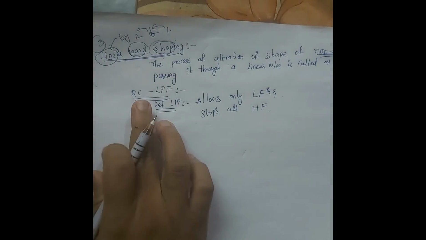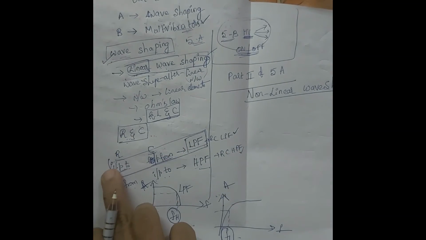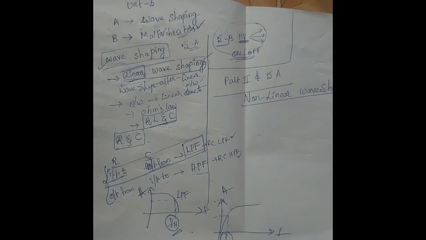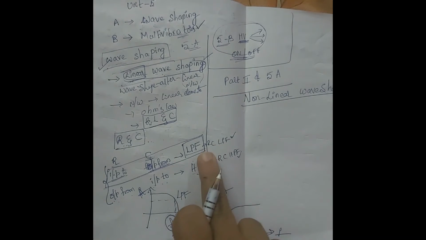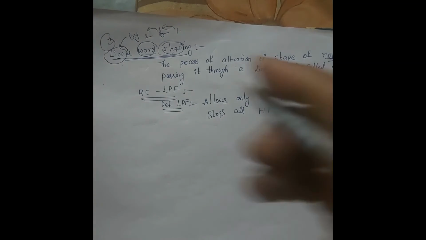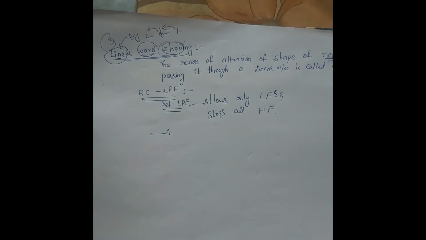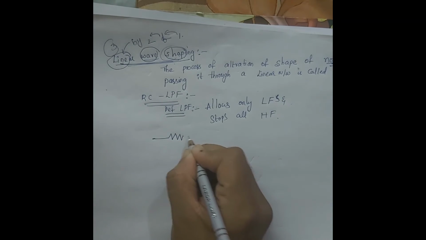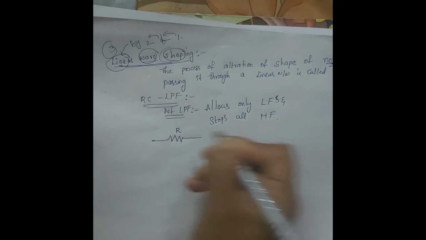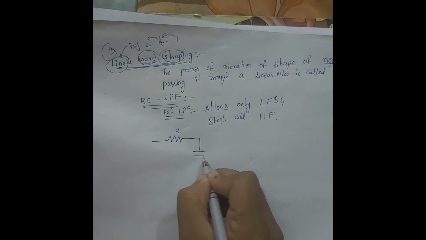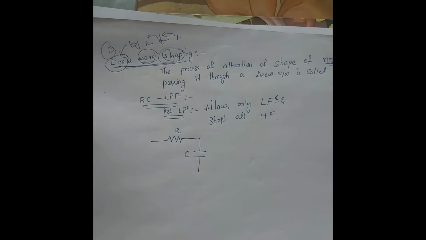So we are going to construct an RC circuit. There are only two elements, resistance and capacitance. We have to give input to one element and collect output from one element. So in the low pass filter, we are going to give input to resistance R, and we are going to collect output across the capacitor.